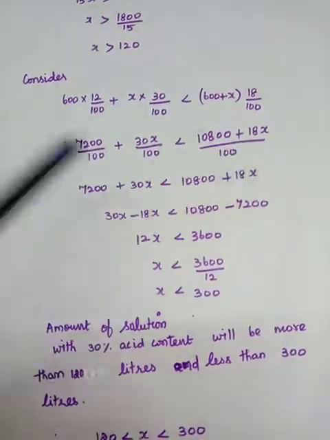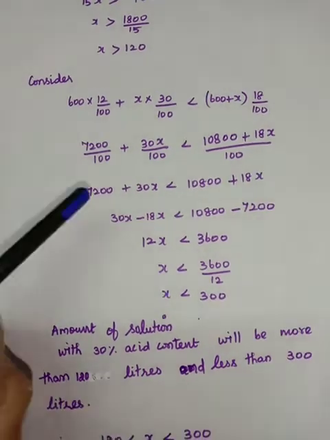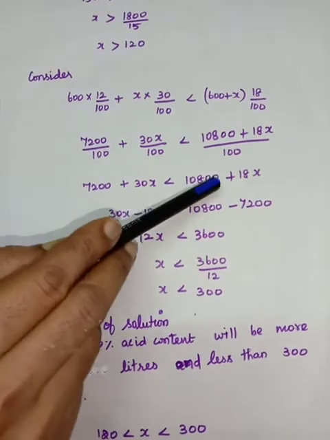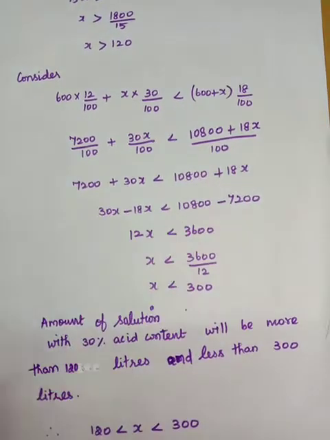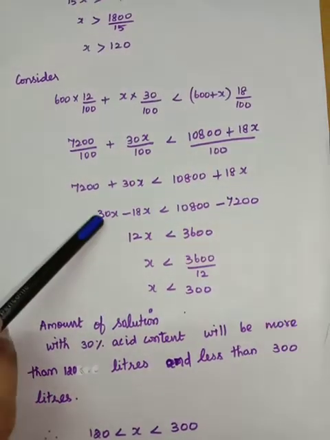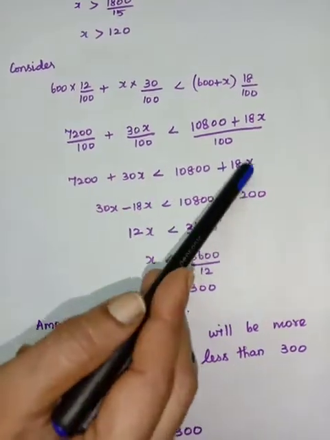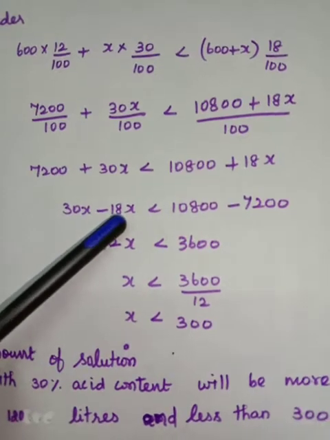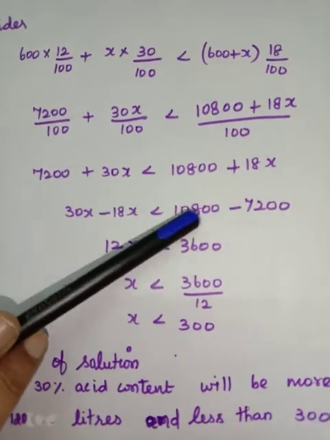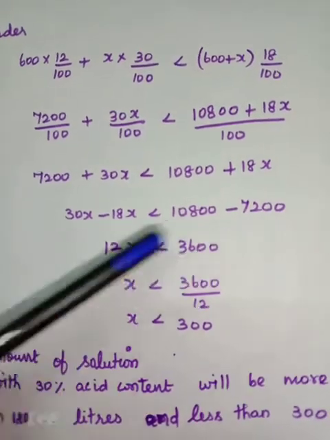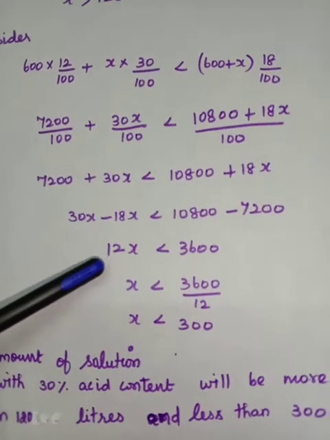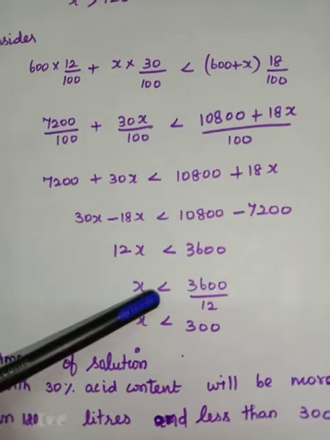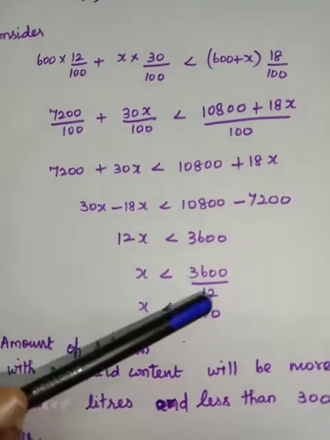You can cancel 100 on both sides. So it will be 7,200 plus 30x is less than 10,800 plus 18x. Bring the x to one side: 30x, when you take it to the left side, minus 18x is less than 10,800 minus 7,200. So 30x minus 18x is 12x, and 12x is less than 3,600. So x is less than 3,600 divided by 12.